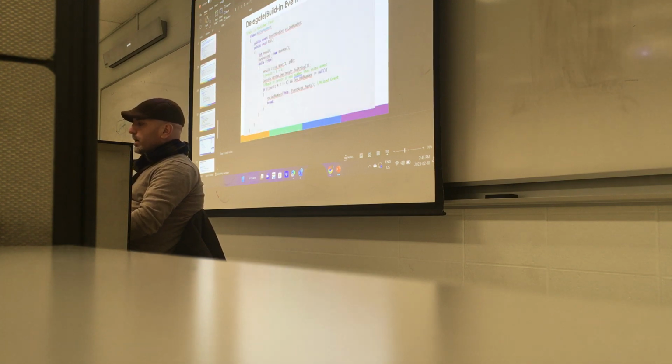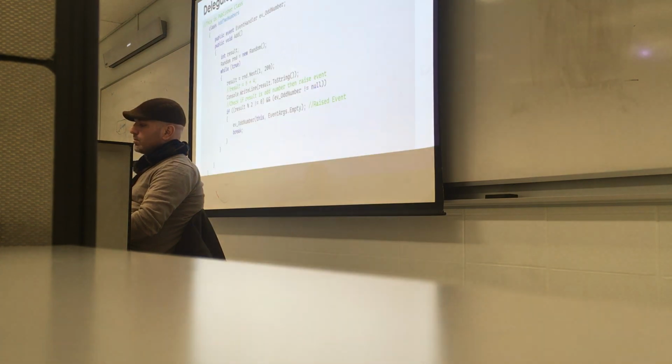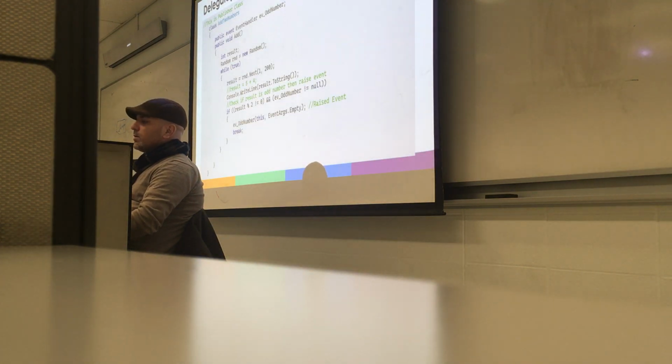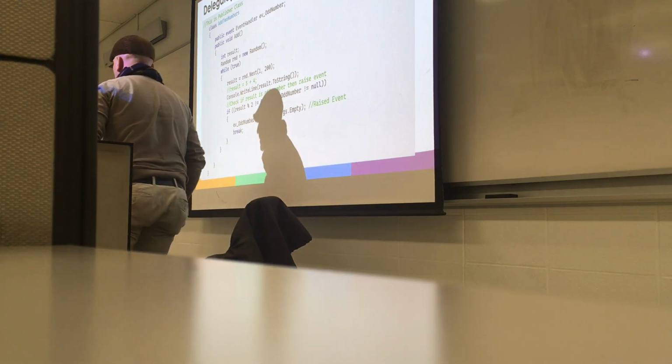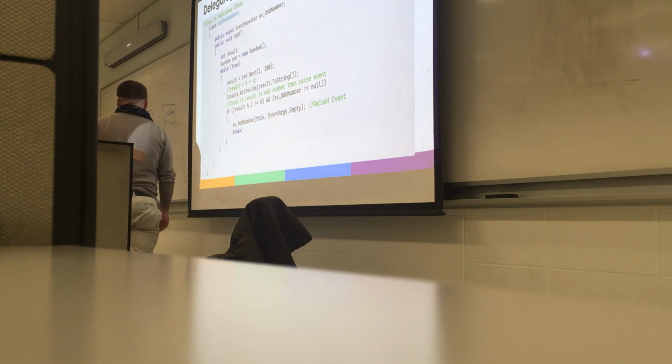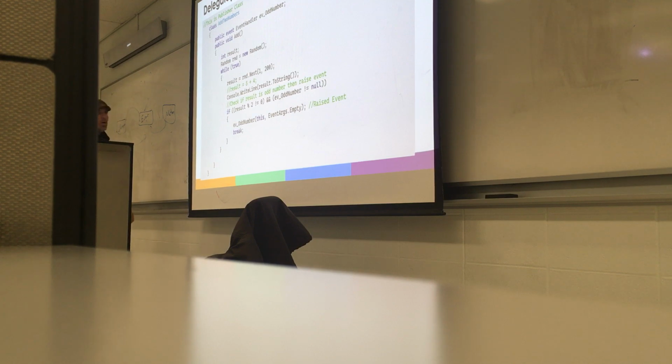Now here in this example, in the event handler, all event handlers are built in, not custom. In custom, I need to declare the delegate, or declare an event from this delegate.